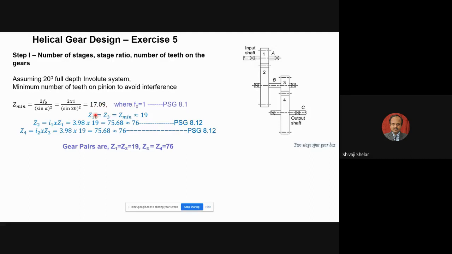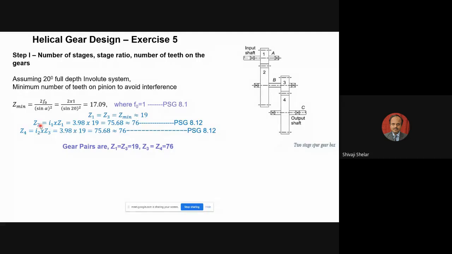Now, since we are going to design only the first pair, but there are the same teeth on the second pair also, Z1 is equal to Z3 here, and we are assuming Z minimum. Even though it is 17.09, you can select 17 also, no problem. You can select 18, you can select 19. Today we are selecting 19.